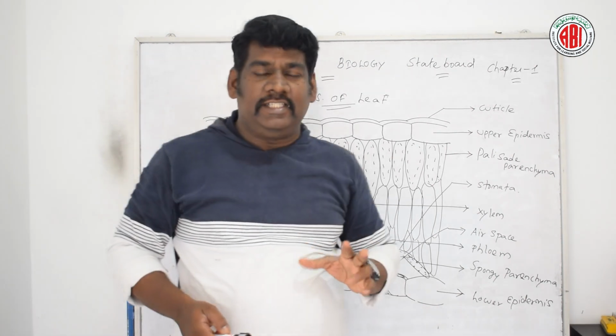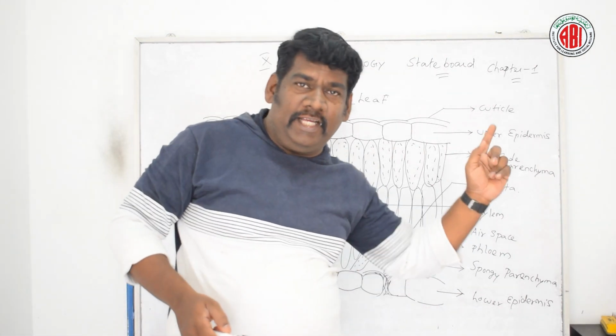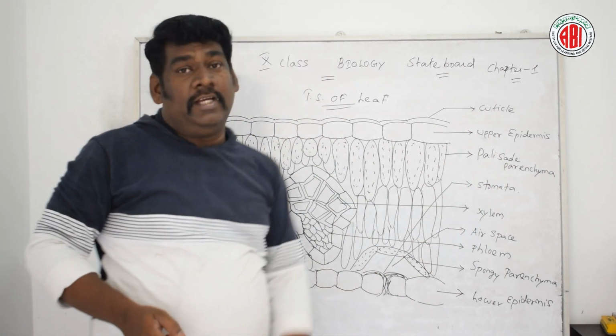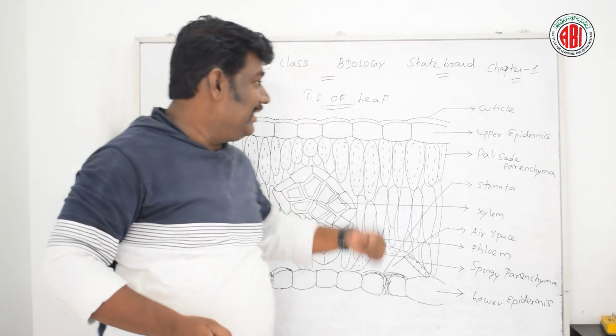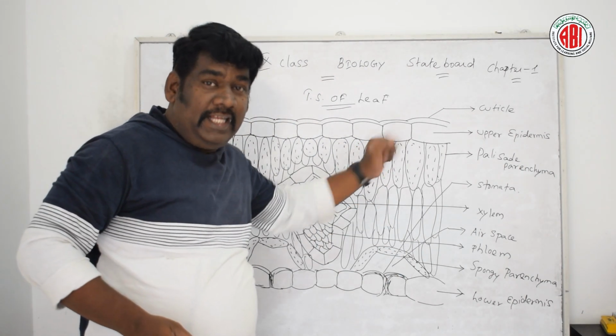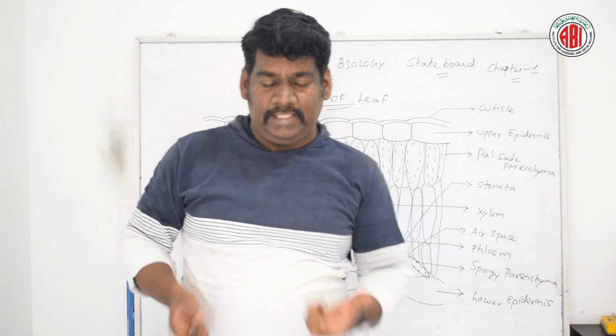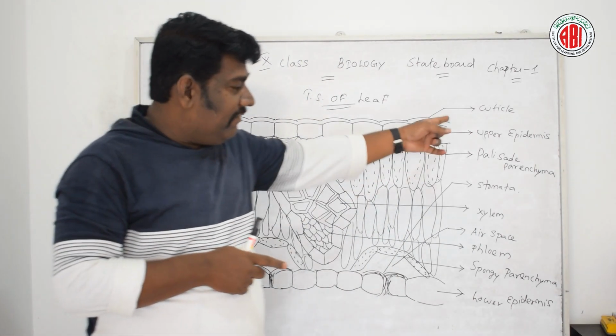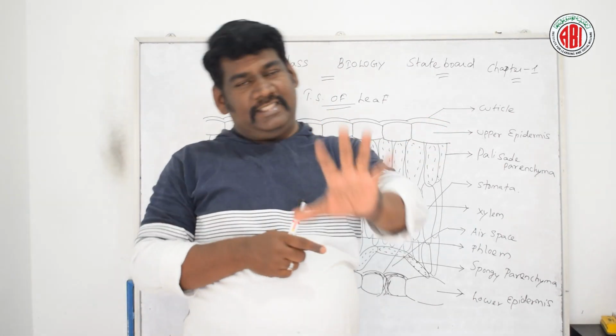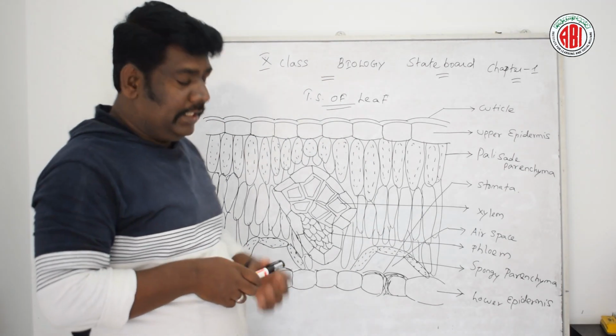So in total you have got 5 labelings. What are the 5 labelings? Two parenchyma: palisade parenchyma and spongy parenchyma; two epidermal layers: upper epidermal layer and lower epidermal layer; and one covering, the cuticle.